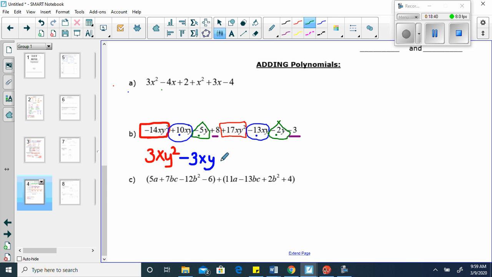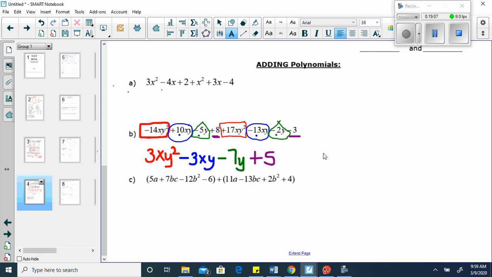Make sure you include those negatives. So I have negative what? Negative 7, and I'm going to bring my variable y with. And lastly, I have my constants here. I have 8 minus 3. What is 8 minus 3? 5. Bam. I have all my like terms together. Okay, nothing else can be combined, and that's it.